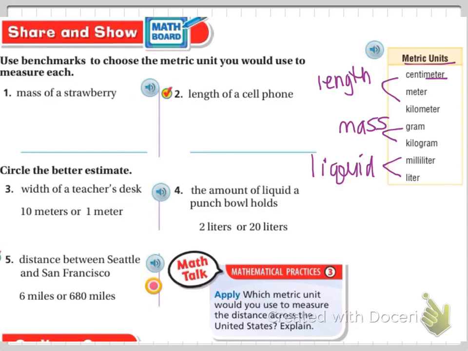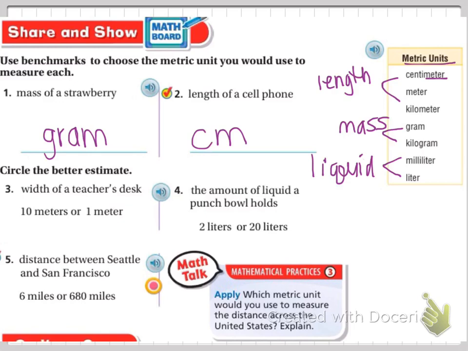So the mass of a strawberry is about a gram or a kilogram. So it's $1 or about a baseball bat. Definitely a gram. Length of a cell phone, your average size cell phone, centimeter, meter, or kilometer. Centimeters would definitely be used to measure the length of a cell phone, and we can abbreviate it with cm.